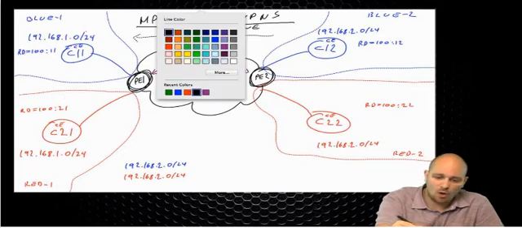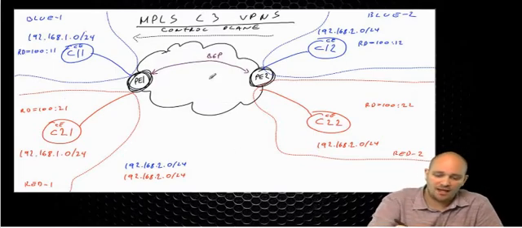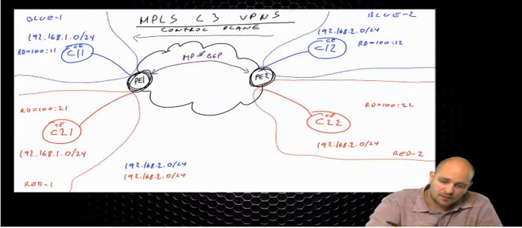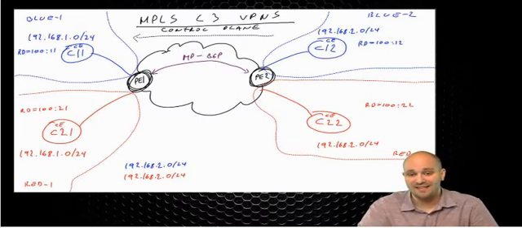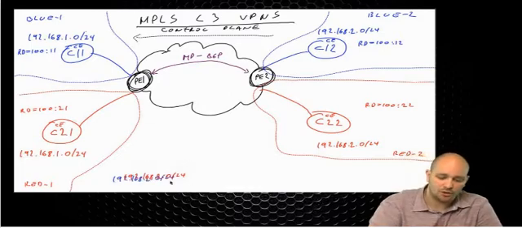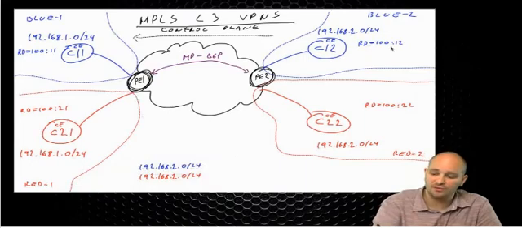So let me make one more correction here on this picture, and that is that this is not BGP. This is actually multi-protocol BGP. So how is the route distinguisher going to be used? Well, we are going to take the route distinguisher here, and we are actually going to prepend it to the prefix.